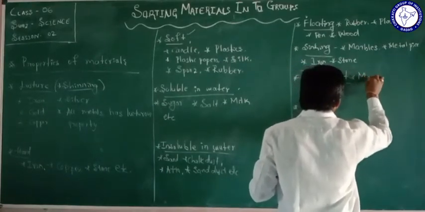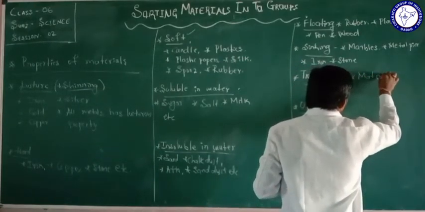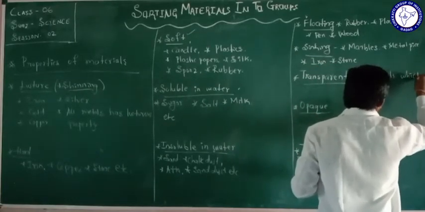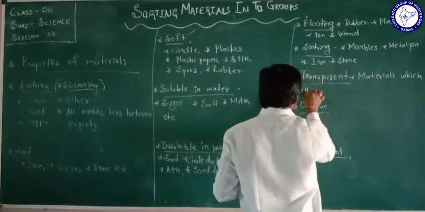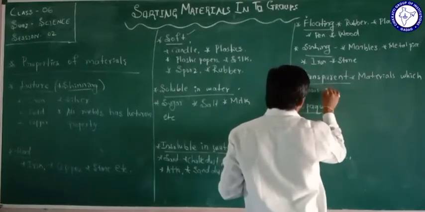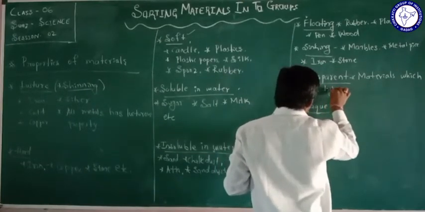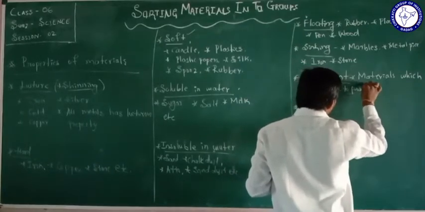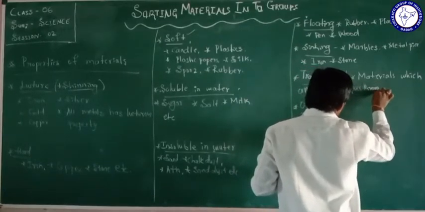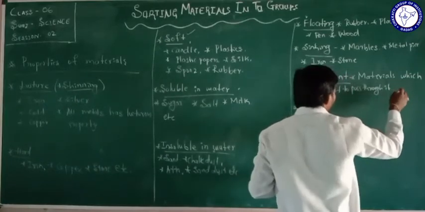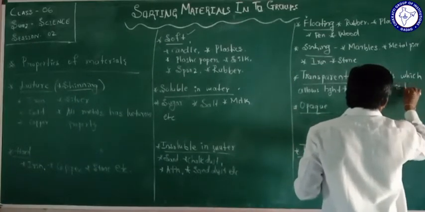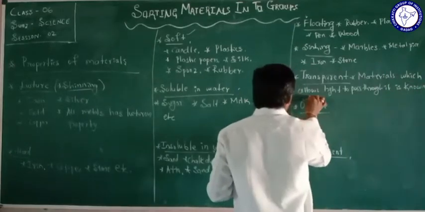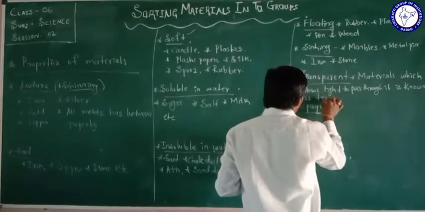Materials which allow light to pass through it are known as transparent materials.